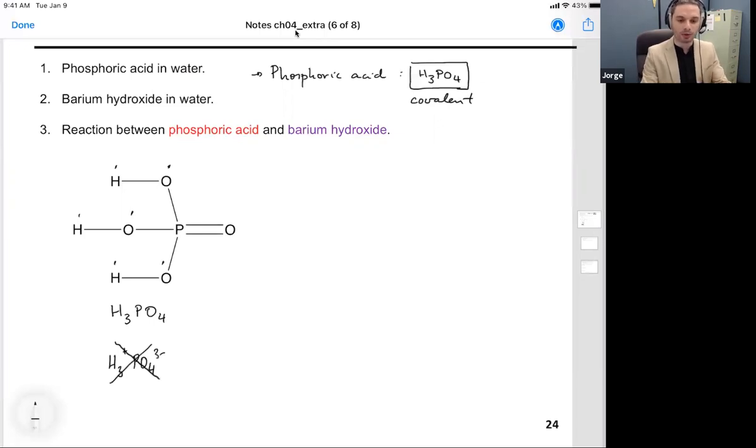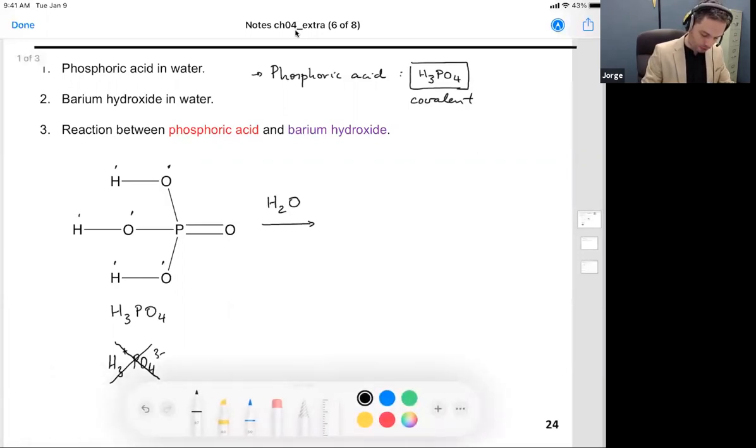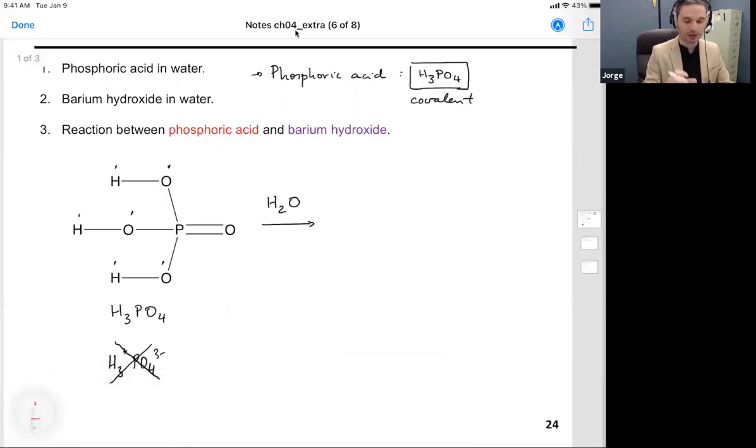According to Arrhenius, any acid, when dissolved in water, will release H+. Okay, so now let's take the phosphoric acid and dissolve it in water. The water is strong enough to break the hydrogen-oxygen bonds.